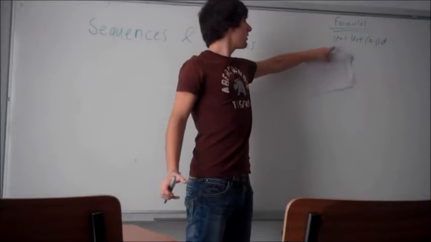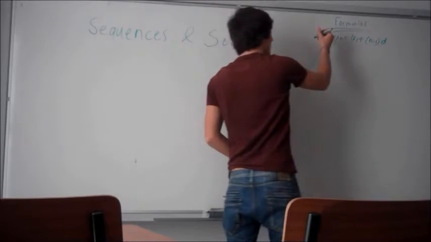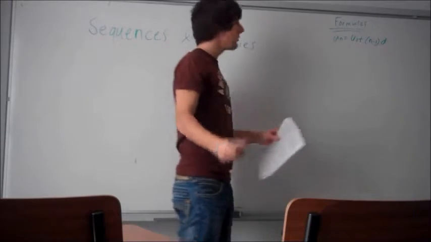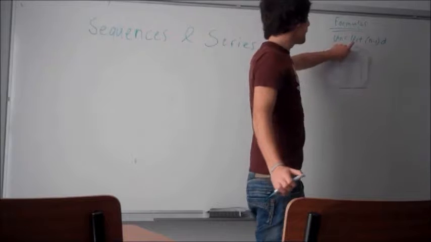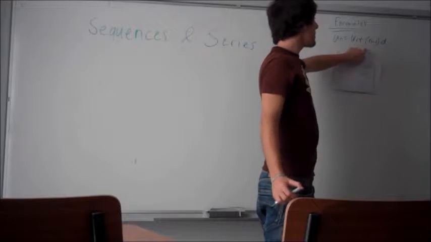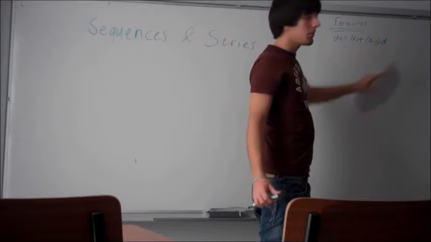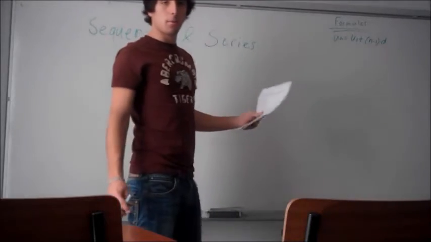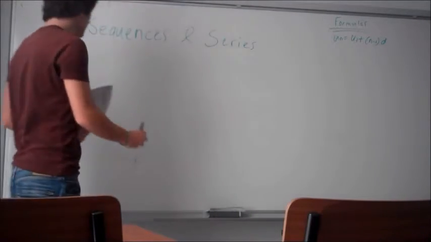Okay, this is the nth term of the sequence formula. As you can see, it's u sub 1 plus n minus 1 times d. So let's start out by defining all these terms.